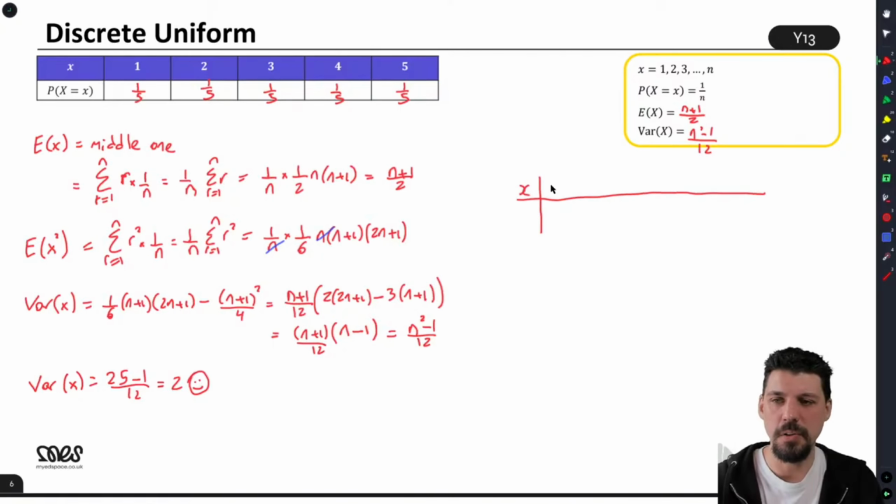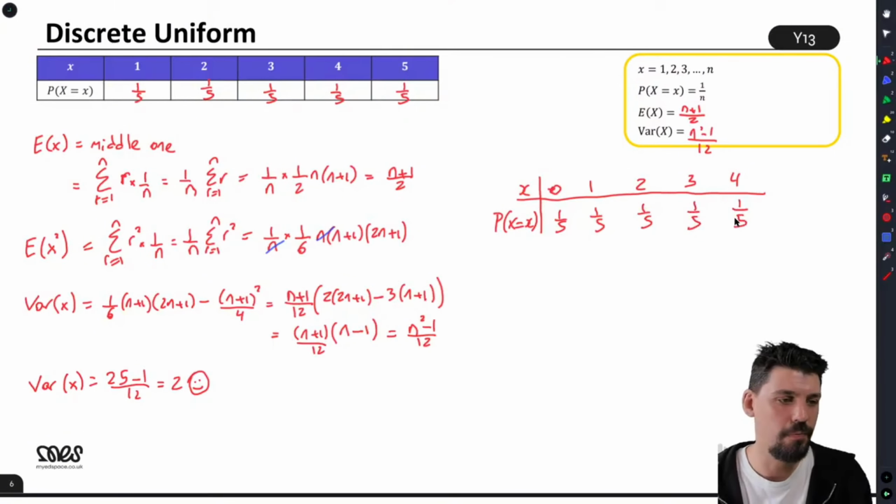Let's do something similar. So what if we start at 0 instead: 0, 1, 2, 3, 4. Oh, and of course, all the probabilities have to be identical.